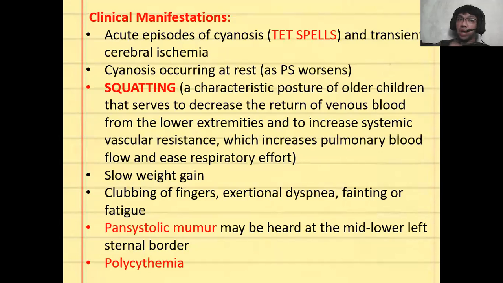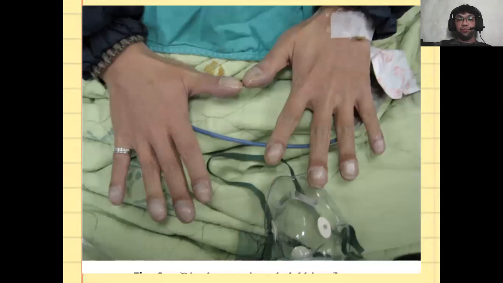How is the child's blood going to gather oxygen from the lungs if there is a narrowing of that pulmonic valve? So the body somehow creates more red blood cells, but it is still useless due to the narrowing of that pulmonic valve. As you can see here, a person has clubbing of the fingers. So that's how it looks.